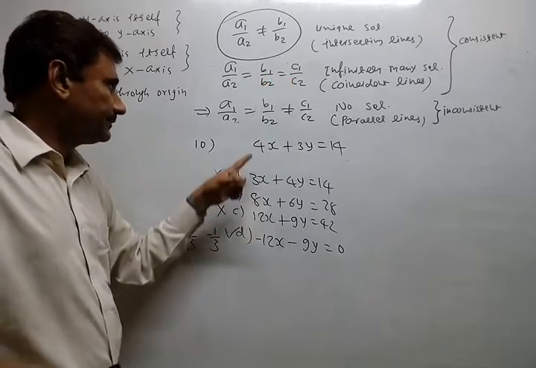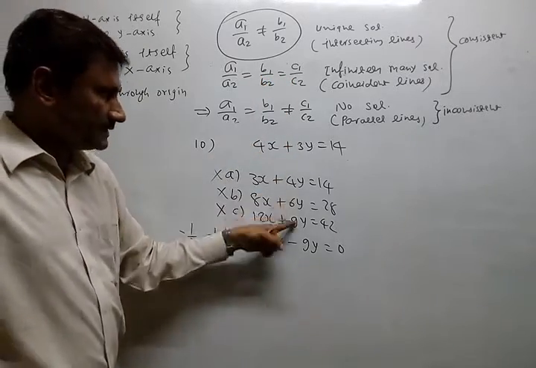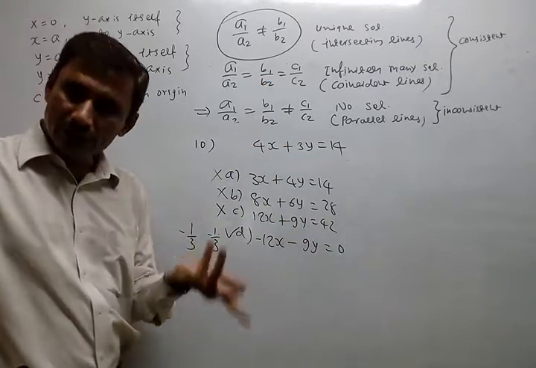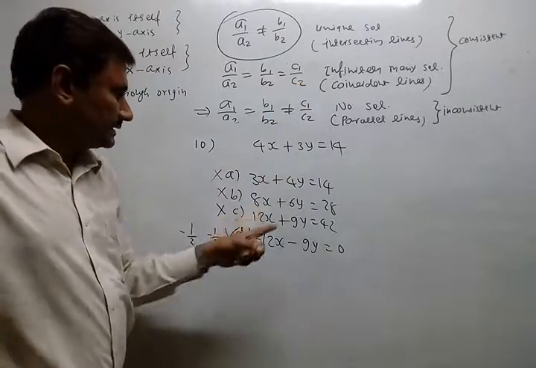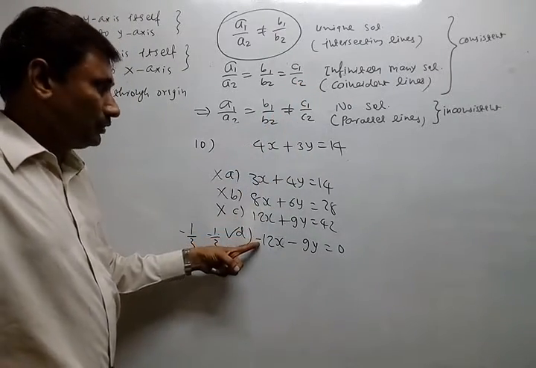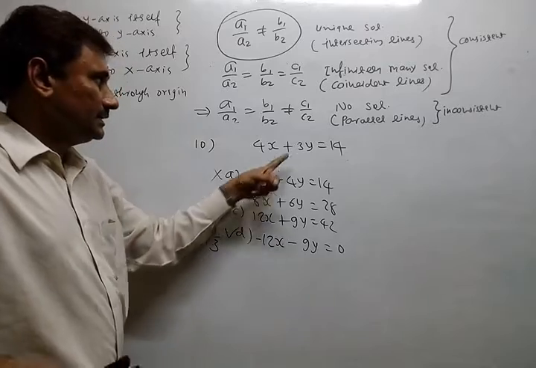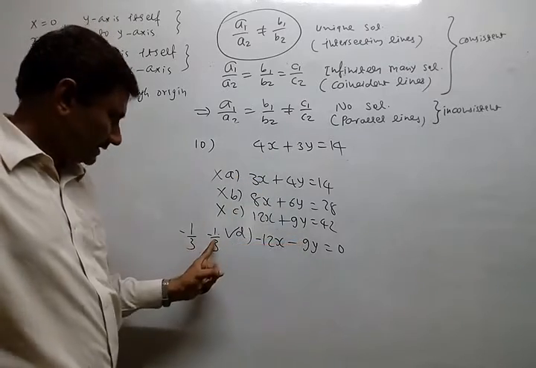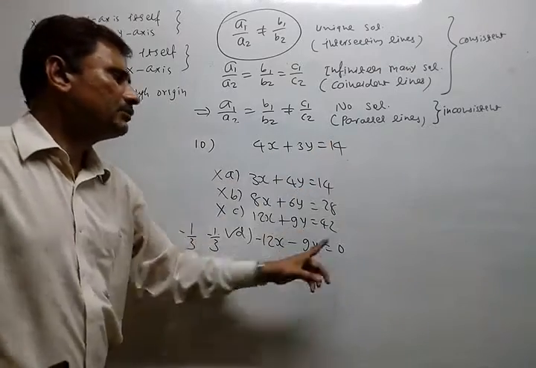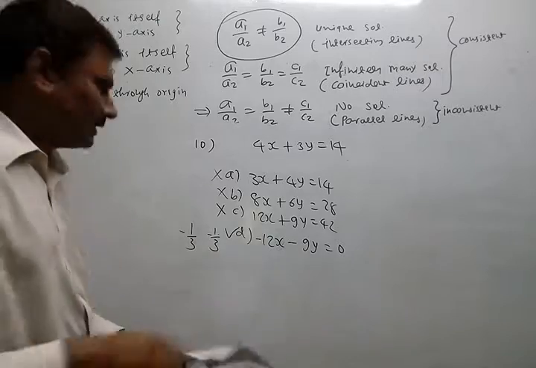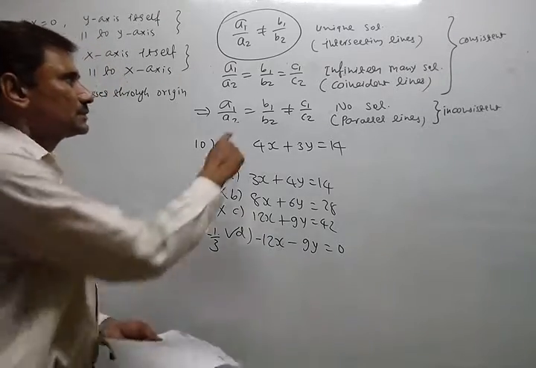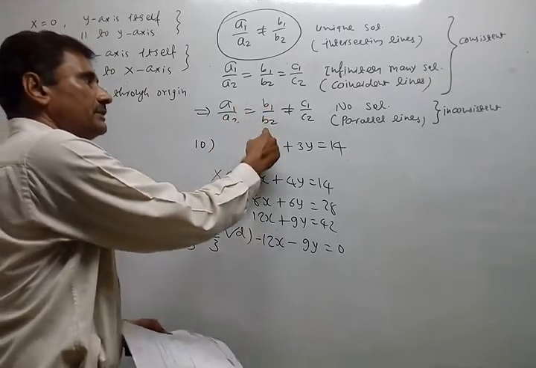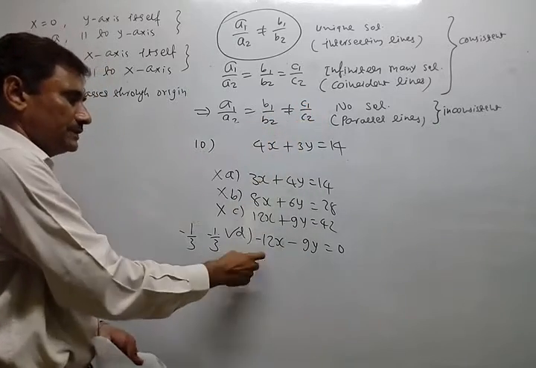Coincident lines. Again, 4 3s are 12, 3 3s are 9, 14 3s are 42. Again, coincident lines. Here, 4 upon minus 12 is minus 1 by 3, 3 upon minus 9 is again minus 1 by 3. And then 14 by 0 means infinite, but not equal to this. So A1 upon A2 equal to B1 upon B2 is not equal to C1 upon C2.